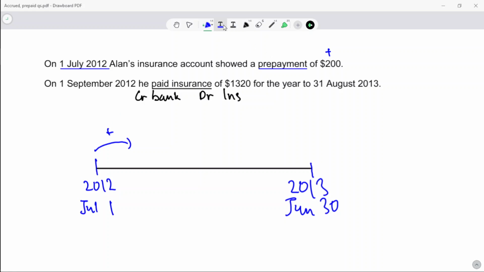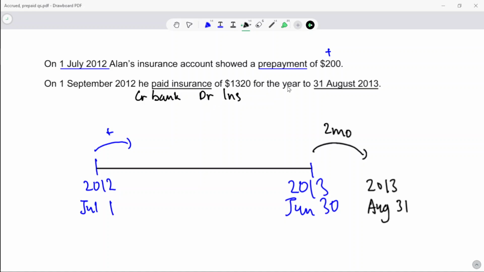So for the year to this day, so this day is here, August 31. So from here to here, how much, the minus 6. Oh, so this one is 2 months.